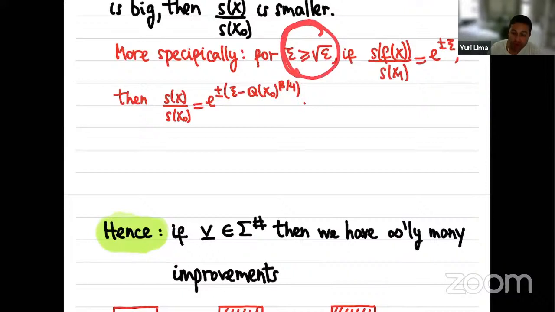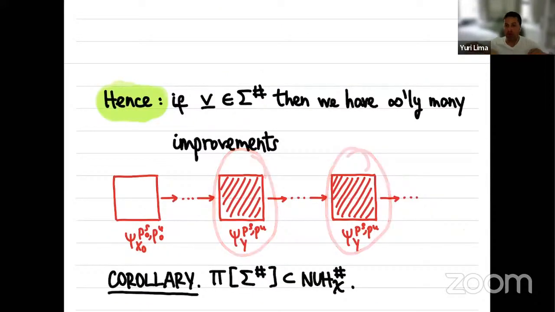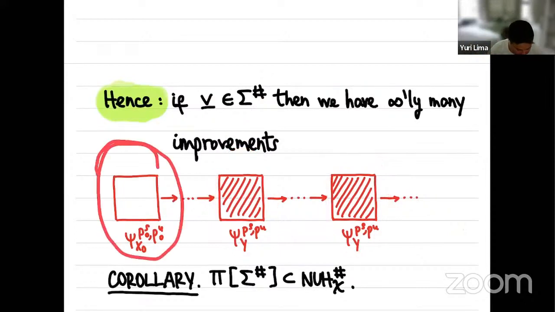So the conclusion is that the improvement lemma, together with the recurrence in the future, allows us to go over many improvements and then guarantee that the S parameter at the 0th position of x is very close to the S parameter of x0.